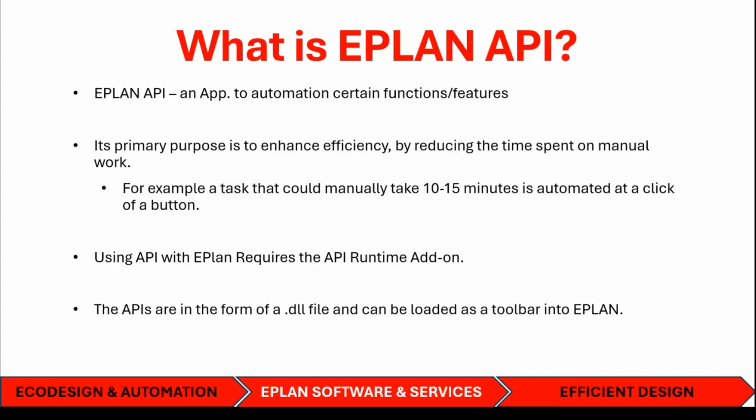Imagine you're doing a highly repetitive task that may take you 10 minutes, whereas with an EPLAN API, the program might take, like, 5 seconds. Using APIs in EPLAN requires the API runtime add-on on your license, and the APIs are stored inside a DLL file that you can load into EPLAN.